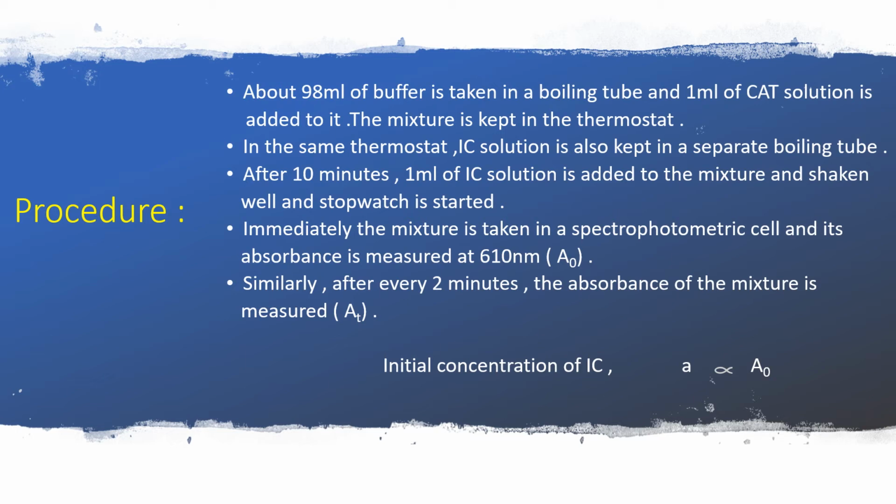You know that from Beer-Lambert's law, absorbance is directly proportional to the concentration, right? So here I am taking the concentration as small letter a. That is, the initial concentration of IC is a, and that is proportional to the absorbance at 0 time.